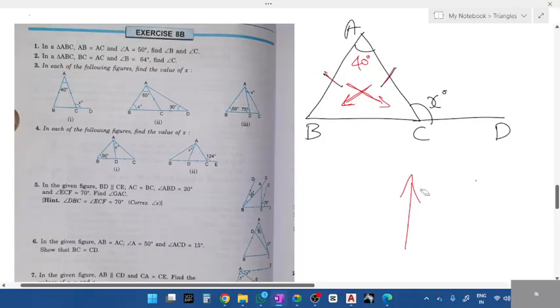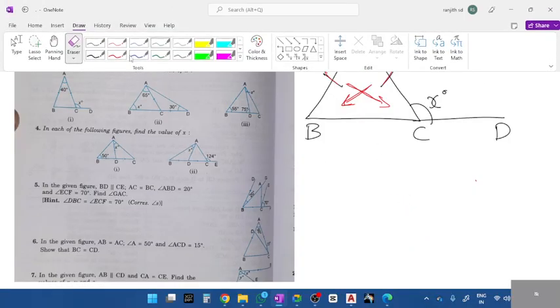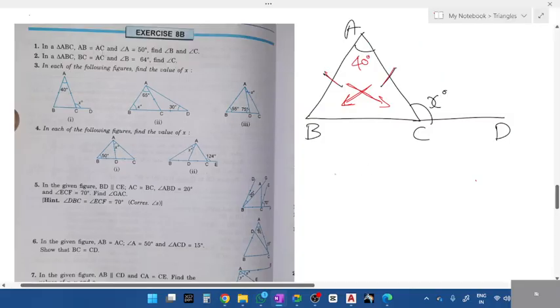Then which two angles are equal, Dia? Angle B and C. Why are they equal? Because this side is equal. AB equals AC. Can you see two small lines they have drawn in the diagram on AB and AC?